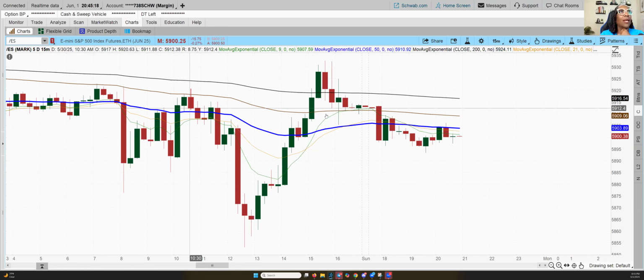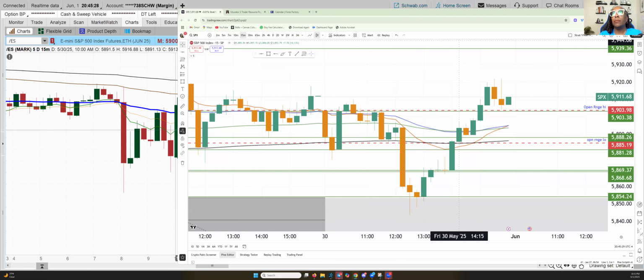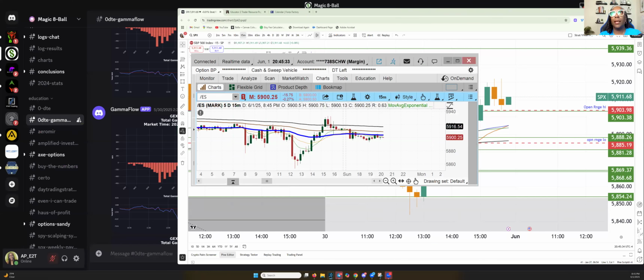Okay, so the ES is at 5,900 right now, and I think we've still got about a 10-point gap between those two. Let me go see. Actually, I can see it better here.